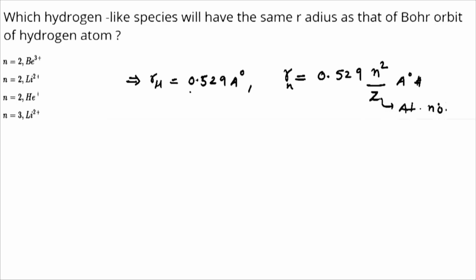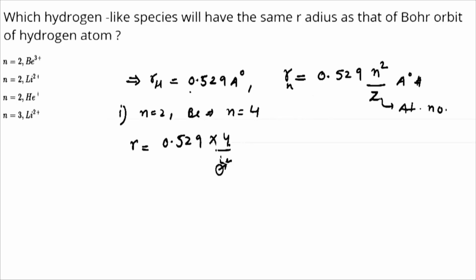Now, let's see for option 1 what the value will be. For option 1, n is 2, and for beryllium, Z is equal to 4. Now let's find out R. It will be 0.529 into n square, 4, divided by 4.